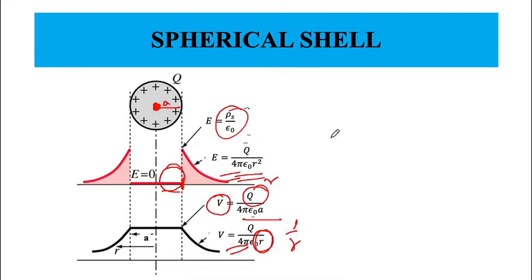Now here is an interesting thing. What will be the sketch of the potential? The electric field was discontinuous here, and the electric field was discontinuous over here. What happened to the potential?